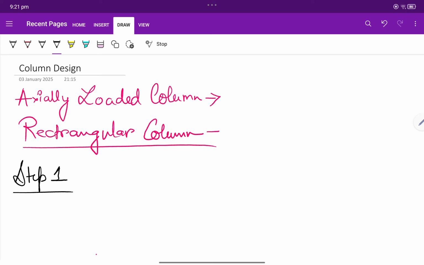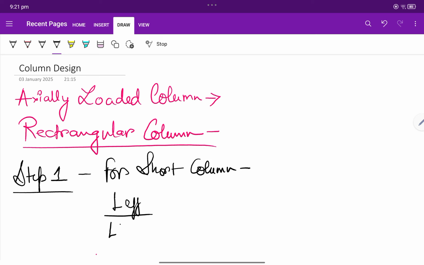For a short column, the L effective divided by LLD should be less than 12. The L effective is the length responsible for the deflection.